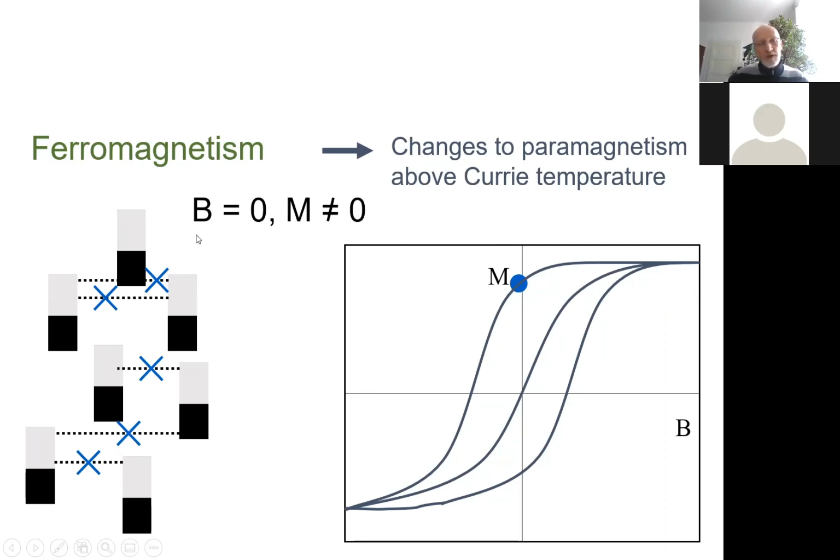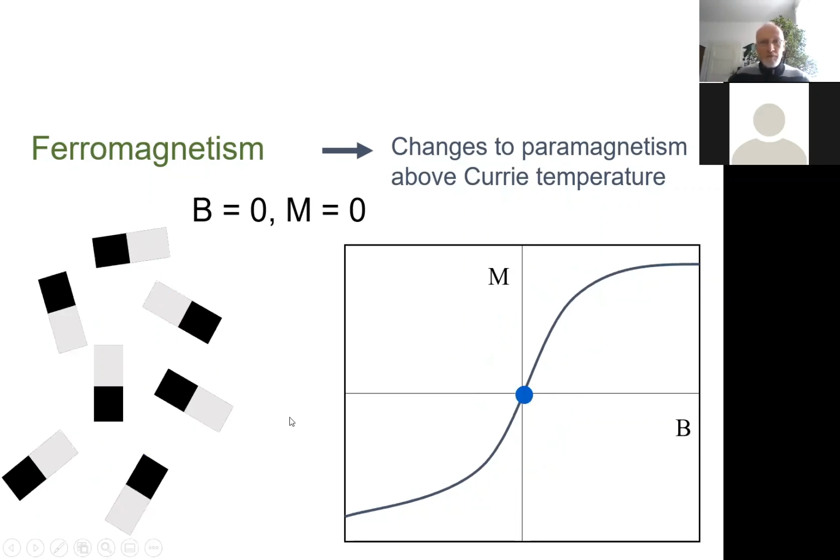For example, for iron, this temperature is around 500 to 700 degrees Celsius, so it's very high. But there are also materials with a much lower Curie temperature, and of course materials which are paramagnetic at normal temperature have a Curie temperature somewhere very low.